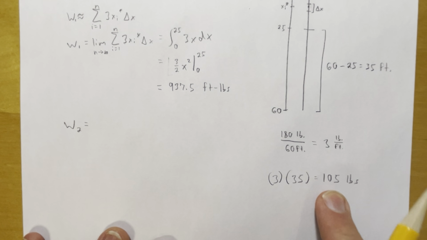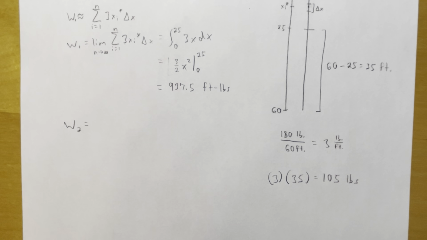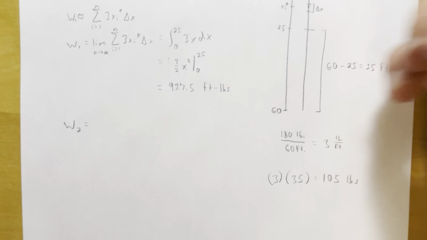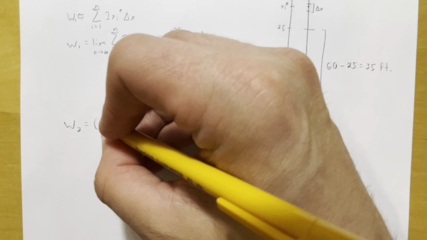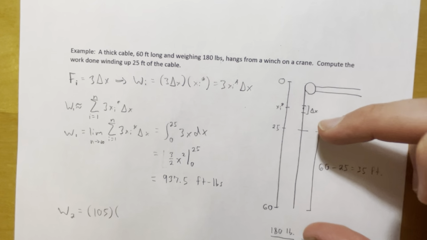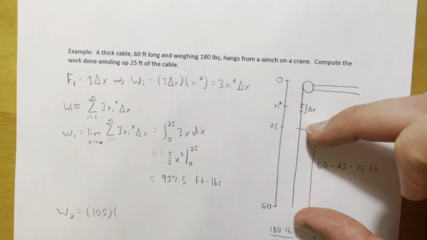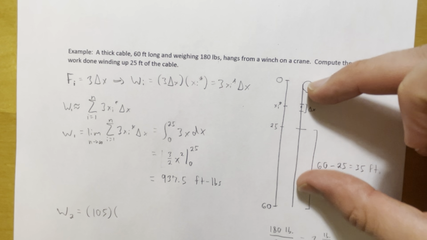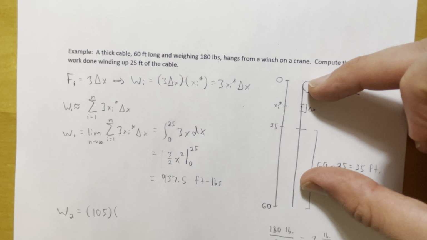Now, because this is a constant force, I can just use the original formula that we had for work that didn't involve a definite integral at all, which is force times distance. Okay, the force is 105 pounds. What is the distance? Well, this entire piece of cable is moving a total of 25 feet from this position up to this position.